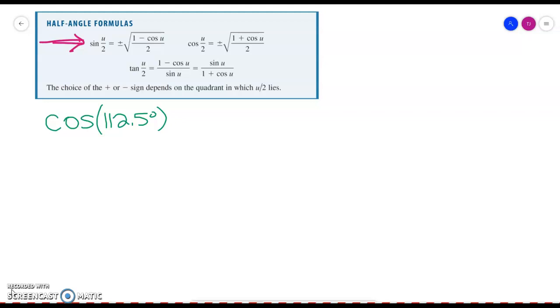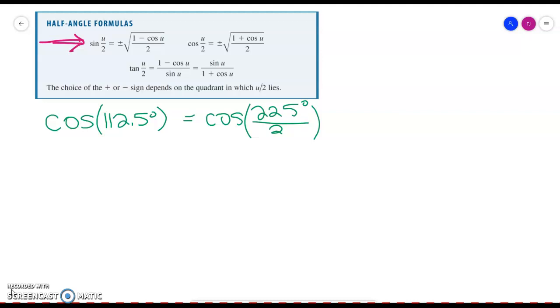If we look at our next example, we have cosine of 112.5 degrees. We know that 112.5 is not one of our significant values on the unit circle, but if we double that, we have 225. So I could rewrite this as cosine of 225 degrees, which is a significant value on our unit circle, divided by 2.